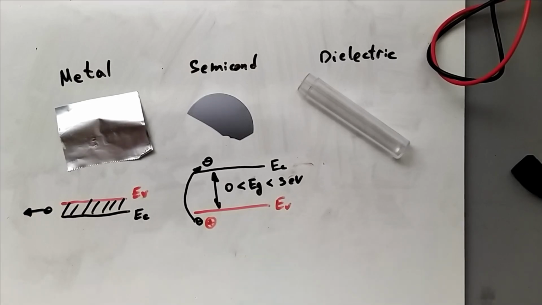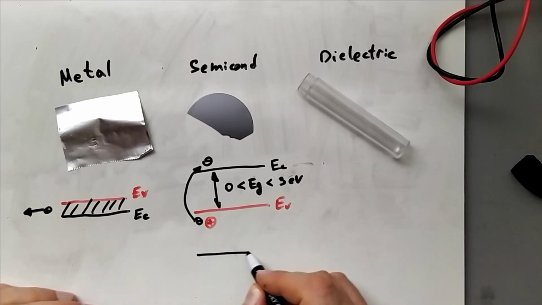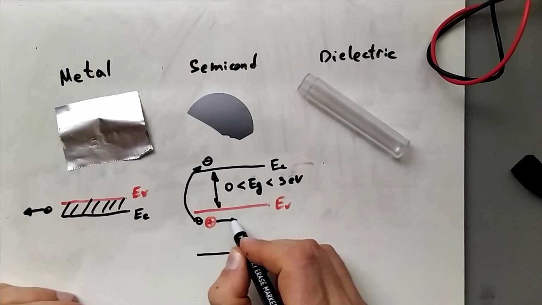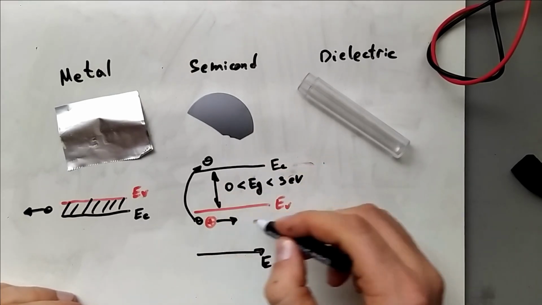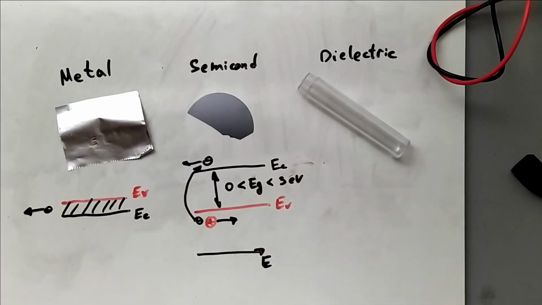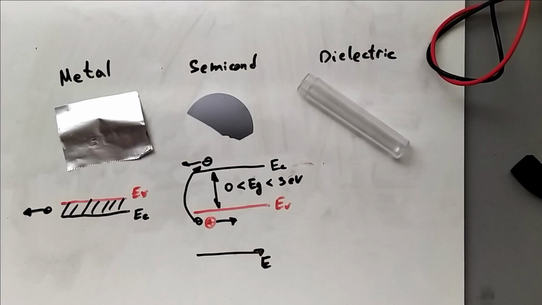So let's say the electric field is in this direction, then the hole will move here, and the electron in the opposite direction, since they have different charges. So a hole is just the absence of an electron, and it can be considered as a charged particle moving in the valence band.